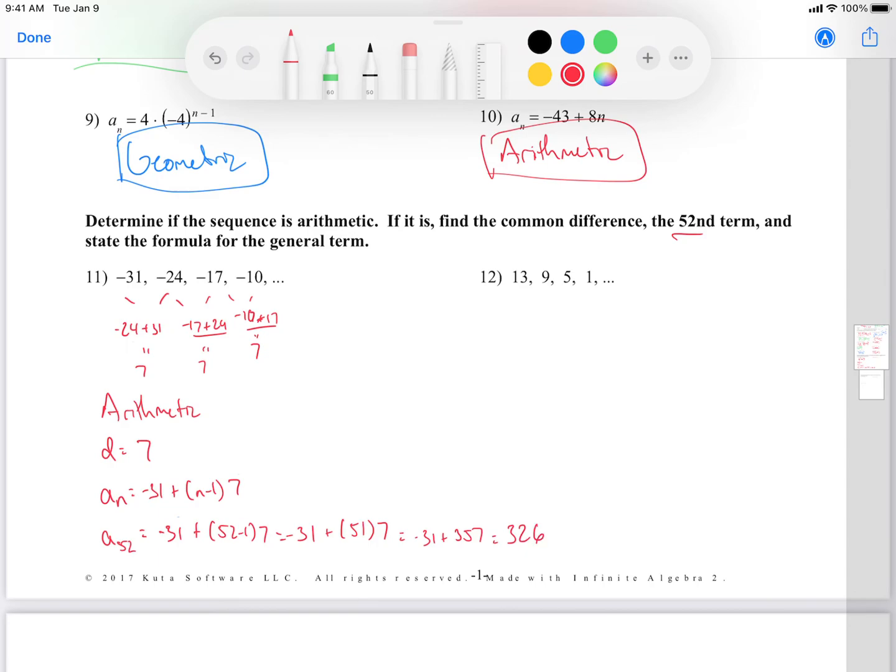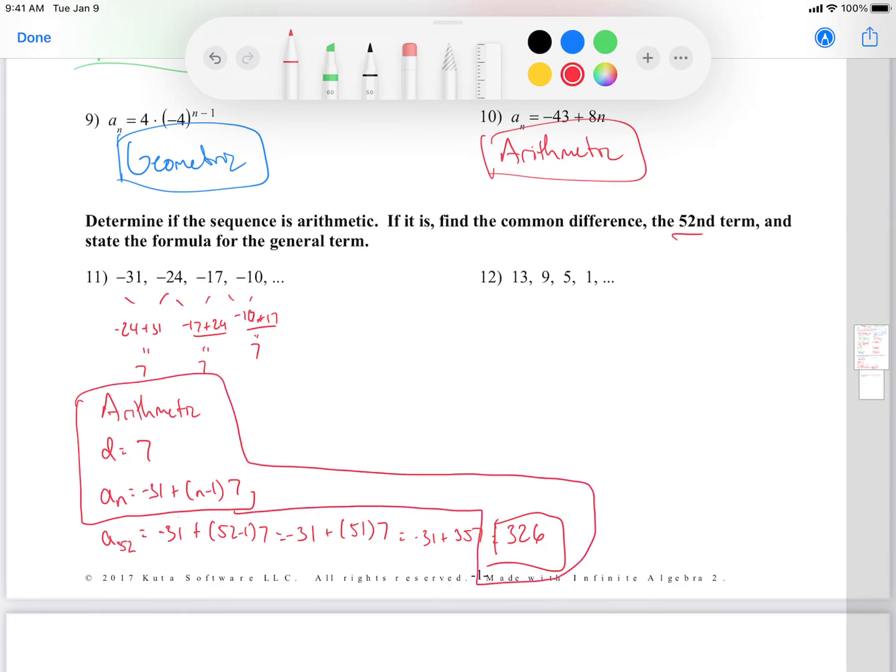So 326 would be my 52nd term. Okay? So all of these are part of that answer.